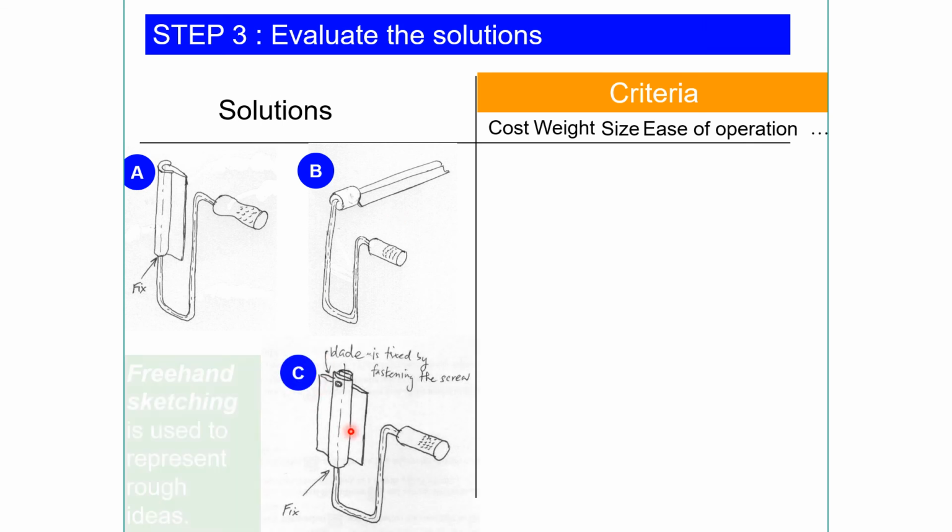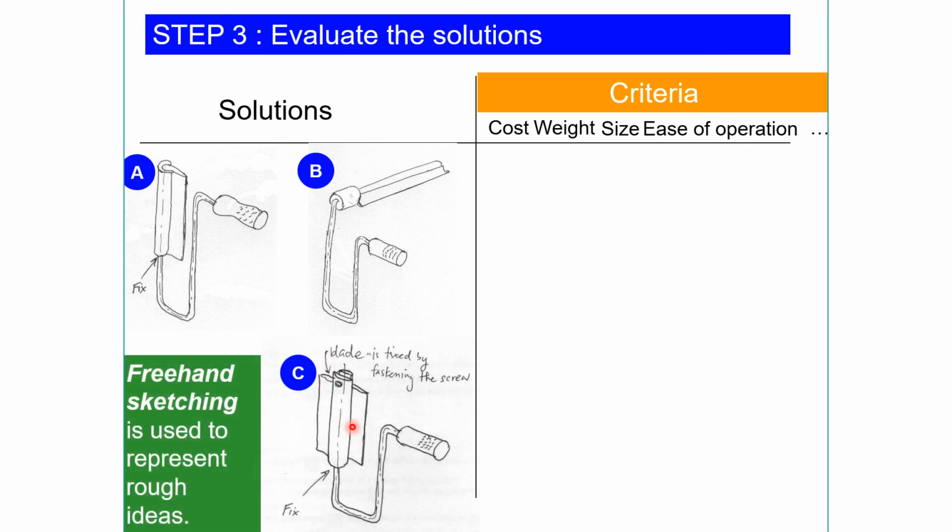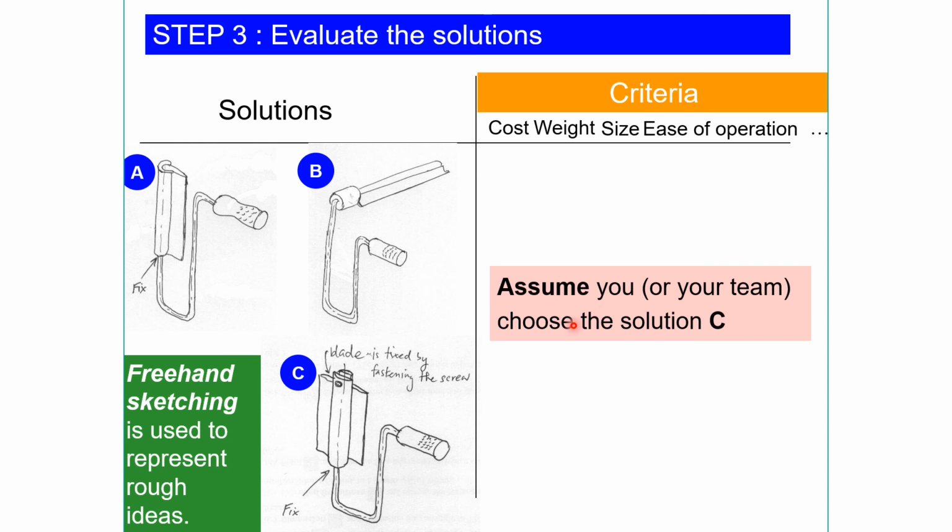C option, a cleaning device with cleaning paper on both sides, fixed by fastening the screw. Either it can be rubber or cleaning cloth. Freehand sketching is used to represent the rough ideas. Assume you or your team chose solution C. On both sides either rubber or cloth is present.